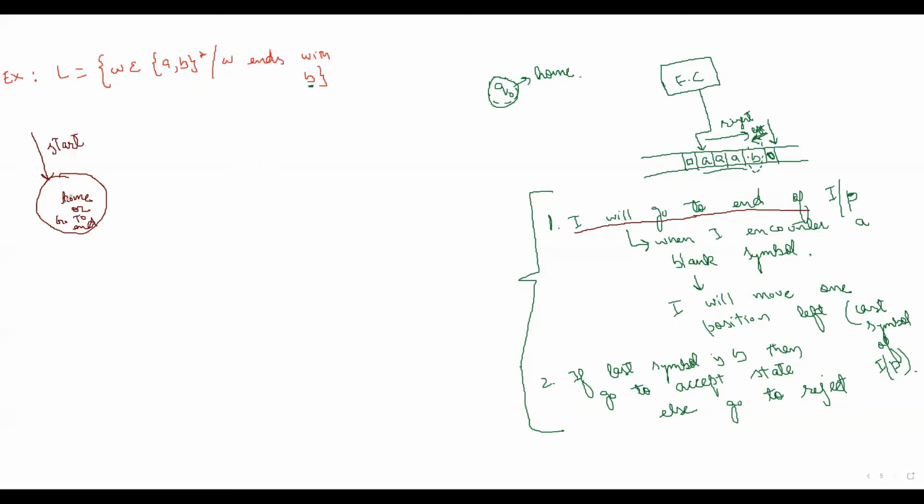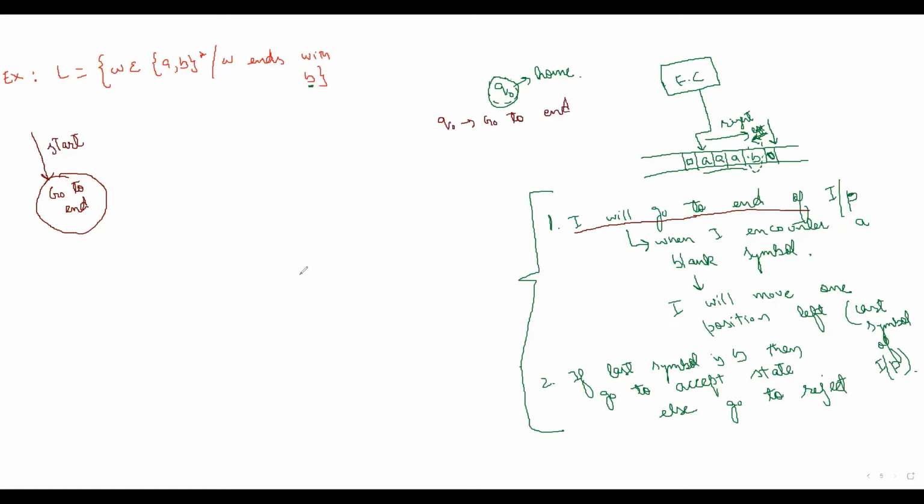Just for understanding, I am naming it go to end. So Q0 is our go to end state.